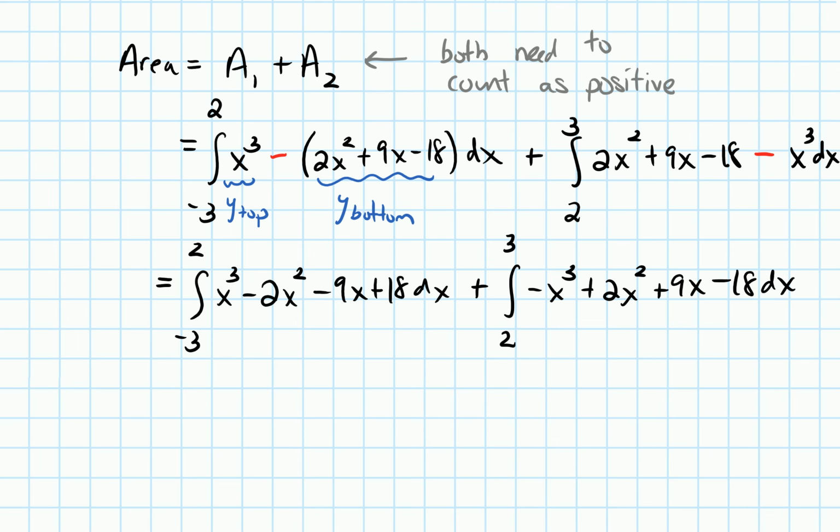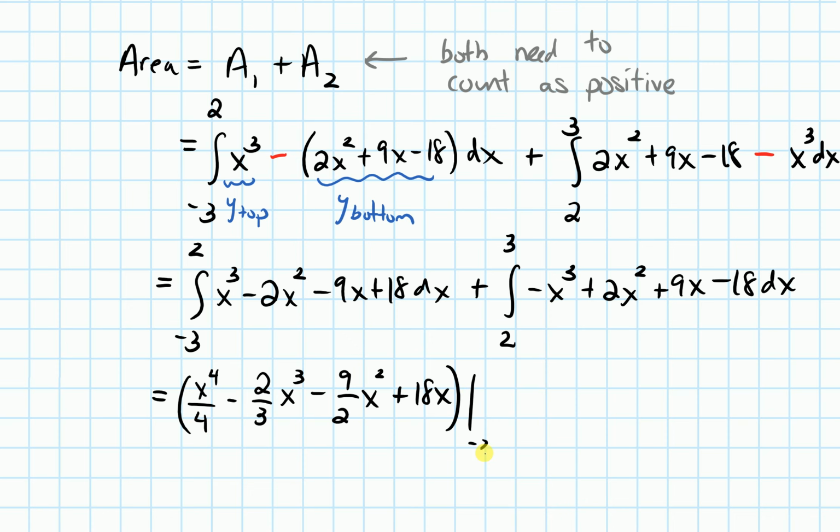Now we're ready to do some antiderivatives. This is just a bunch of reverse power rule. So we'll get x to the 4 over 4 minus 2/3 x cubed minus 9/2 x squared plus 18x for that first integral. Then I'll have to plug in -3 and 2, and add that to what I get from the second integral.